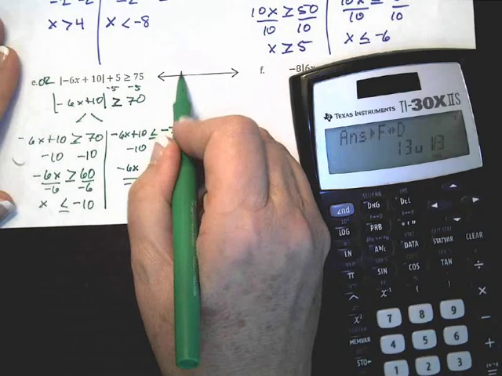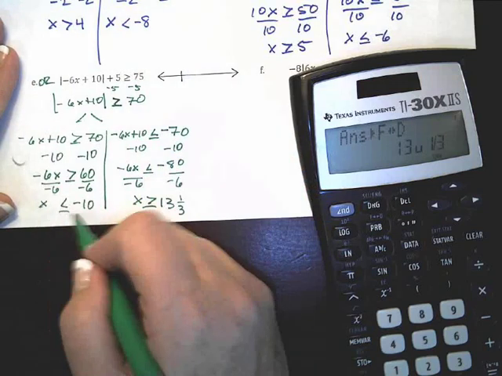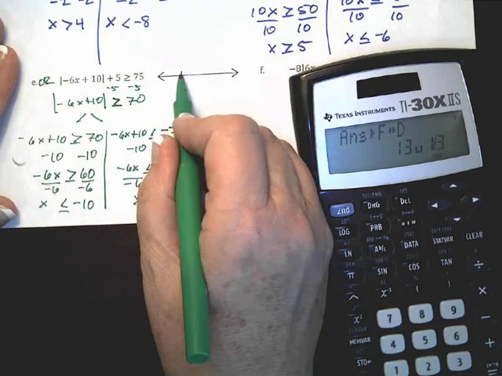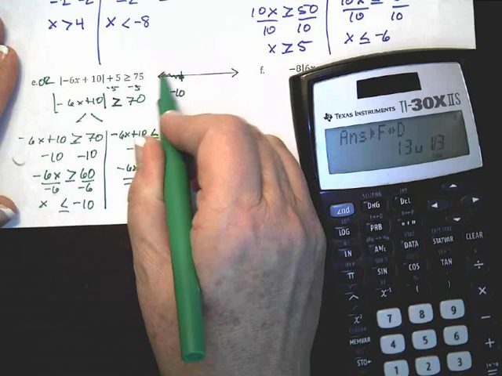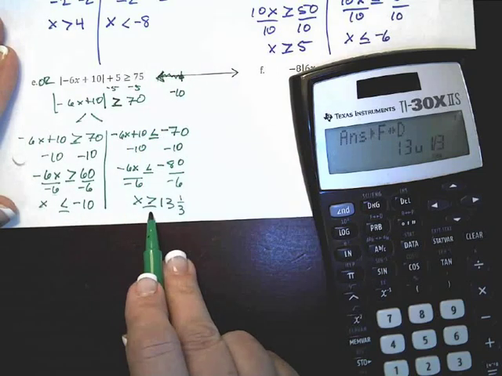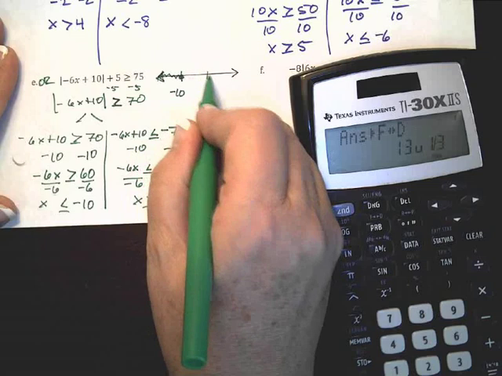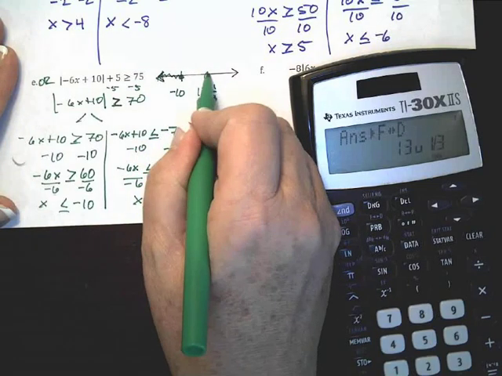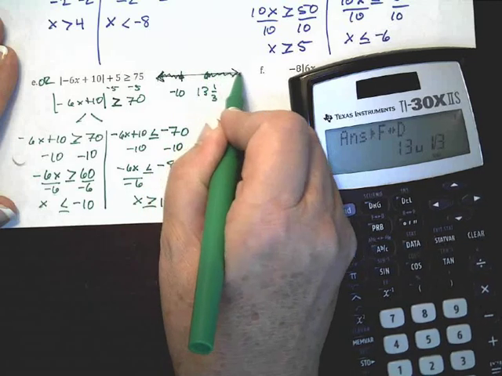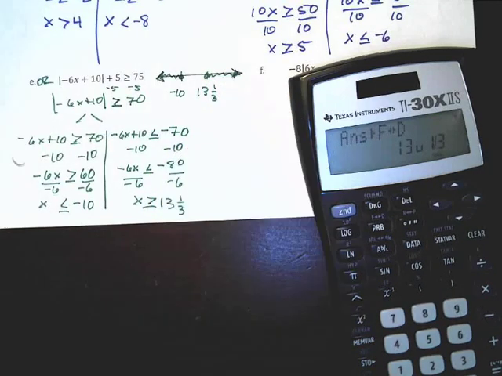So to graph this, for the first inequality, we have a filled in circle at negative 10, arrow going to the left. To graph this one, x is greater than or equal to 13 1/3 would be a filled in circle, arrow going to the right.